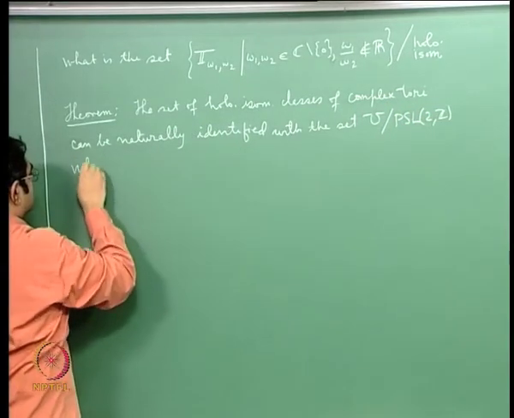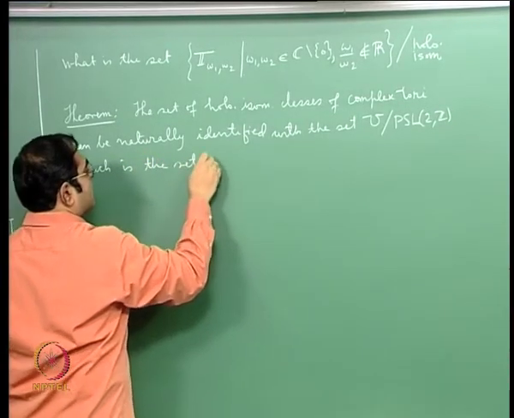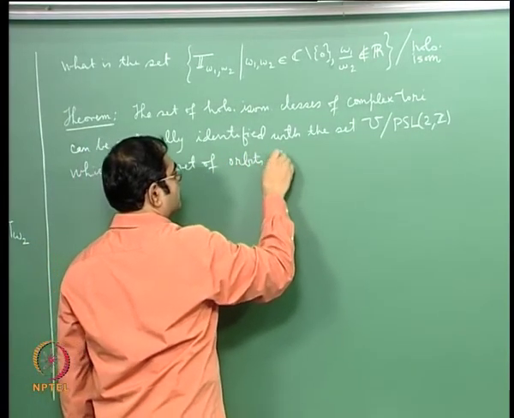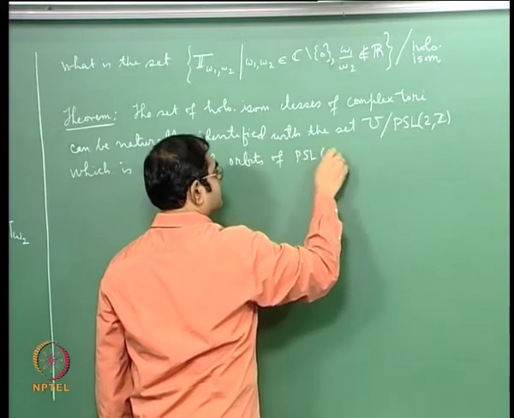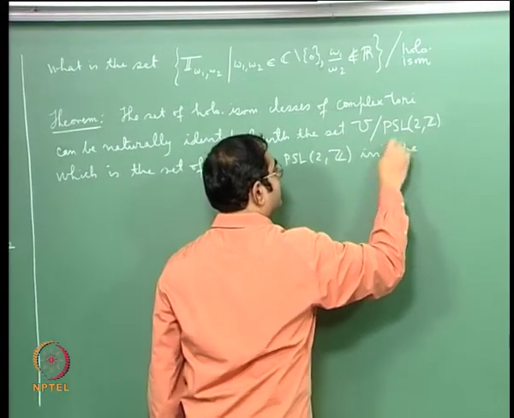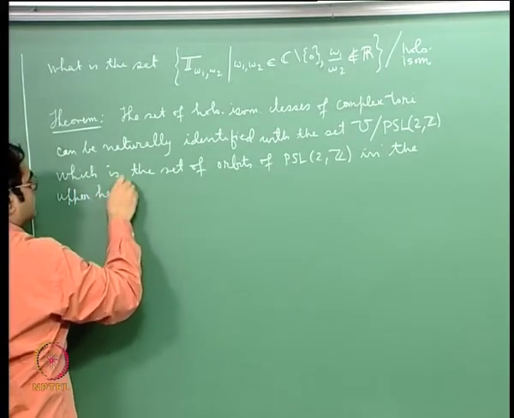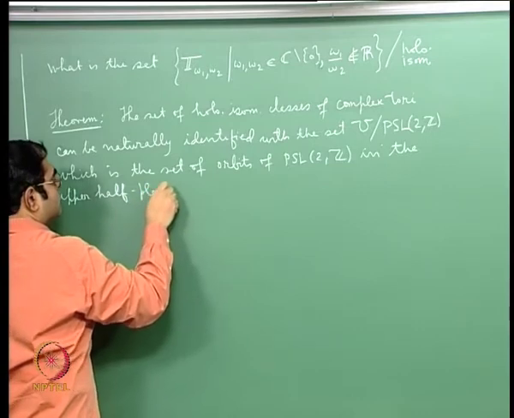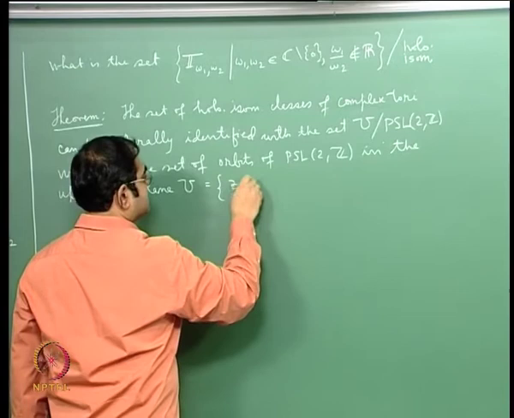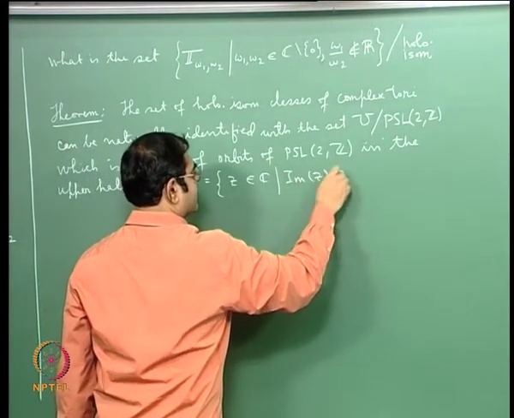which is the set of orbits of PSL2Z in U, in the upper half plane U. This is the set of all z in C such that the imaginary part of z is greater than 0.